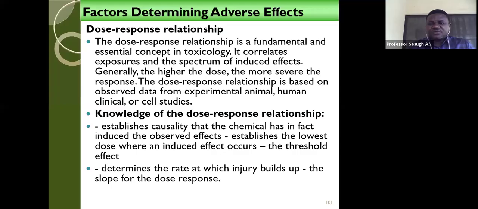The dose-response relationship is based on observed data. It involves experiments. It is based on observed data from experimental animal or human clinical or cell studies.